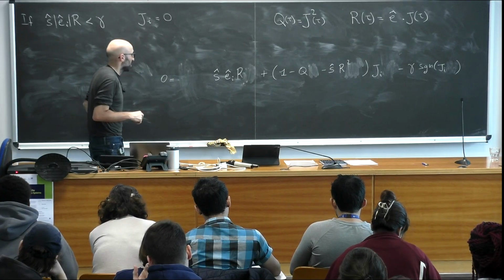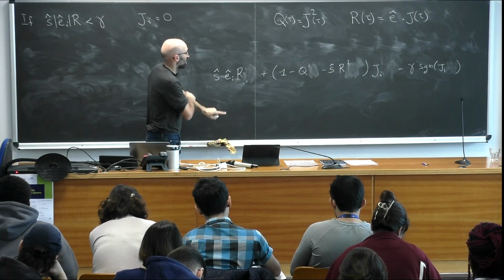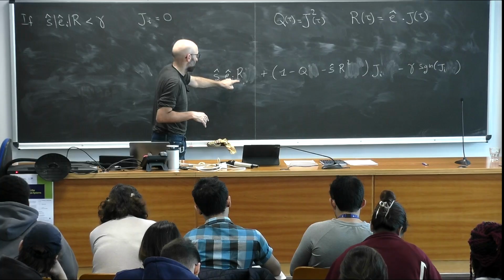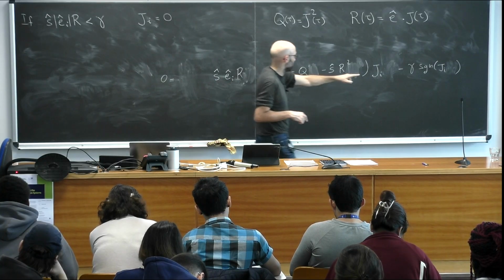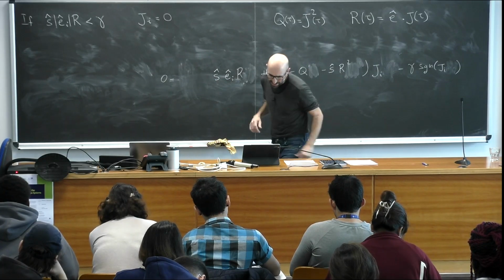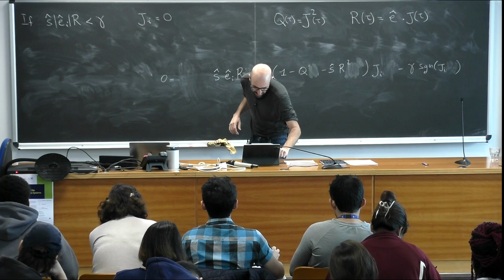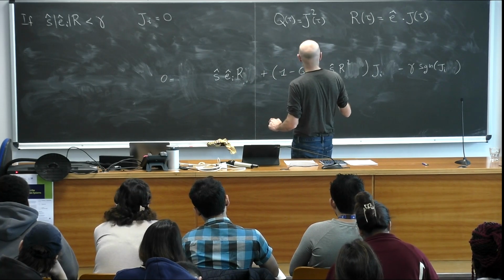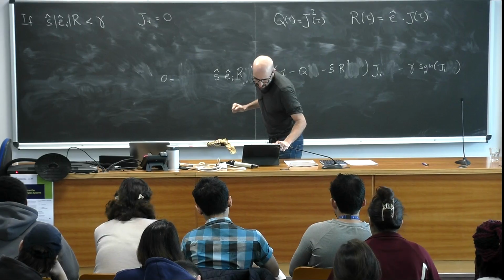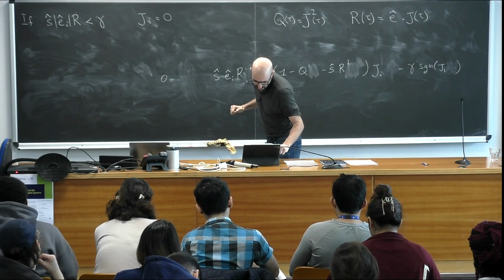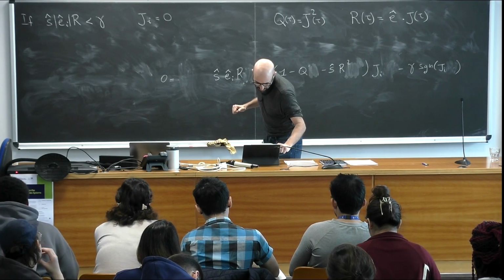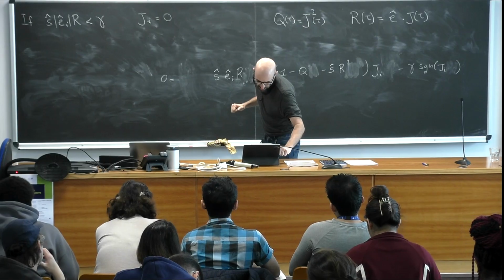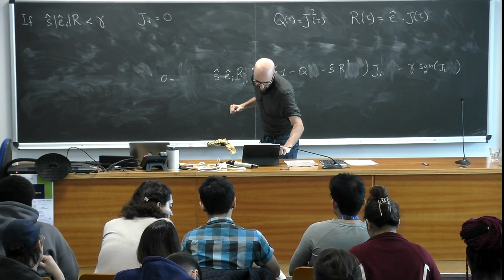Otherwise, if this term is, for example, positive and bigger than gamma, there is maybe a sign that is wrong. That's why I'm getting stuck. Let me check the sign. No, the sign is correct.